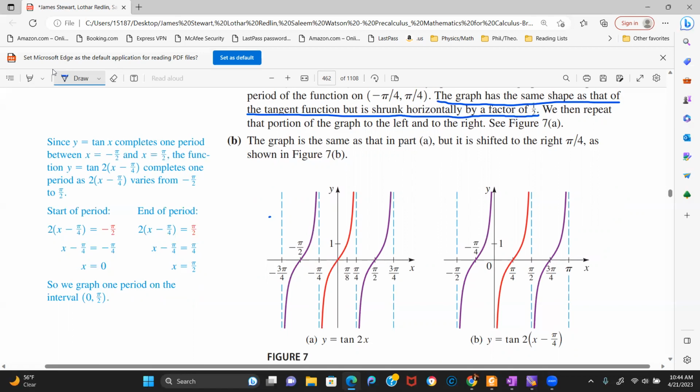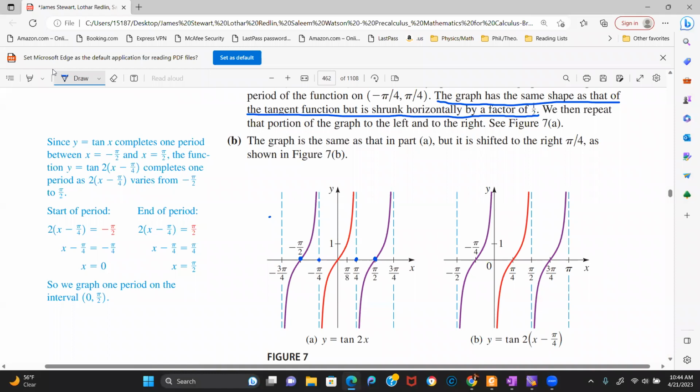Here's the graph of y equals tan 2x. Same general shape, but instead of plotting from negative pi over 2 to pi over 2, where we used to have vertical asymptotes, we're really just going to plot it from negative pi over 4 to pi over 4. It has the same exact shape, compressed, and then the pattern repeats. So now we no longer have asymptotes at negative pi over 2 and pi over 2.